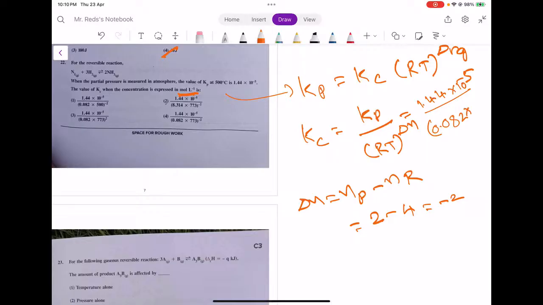Temperature is 500 degree centigrade, converting into Kelvin, 500 plus 273 is 773, power minus 2. So which option is the answer? 1.44 into 10 power minus 5 by 0.082 into 773 whole square. Power minus 2 means the fourth option, students. Fourth option.